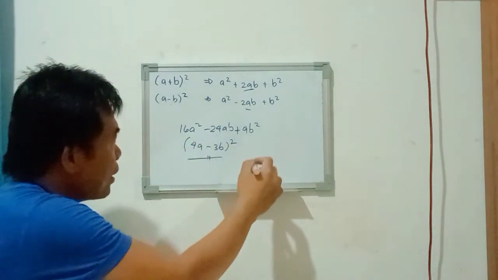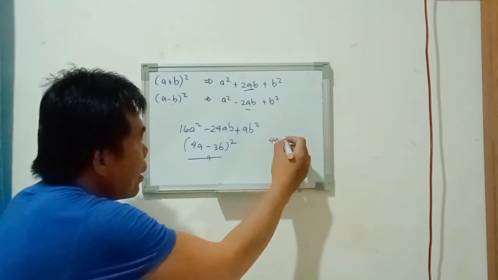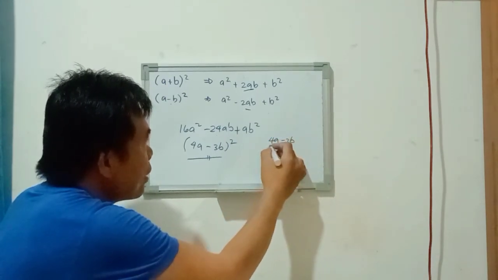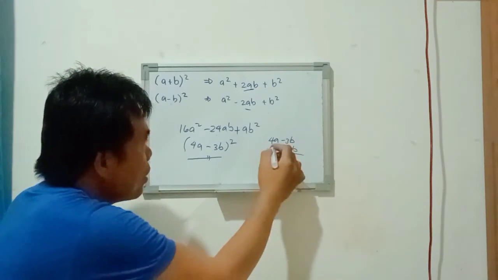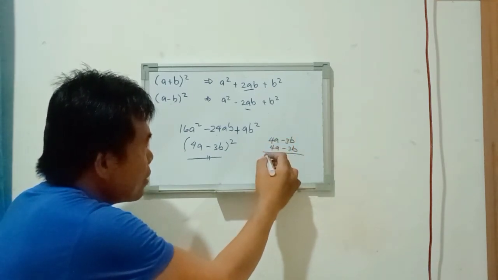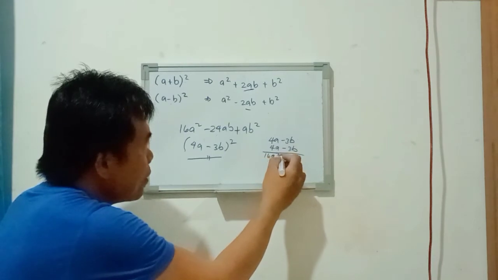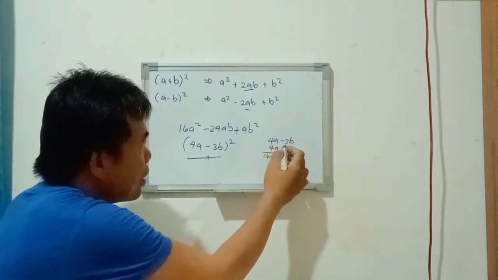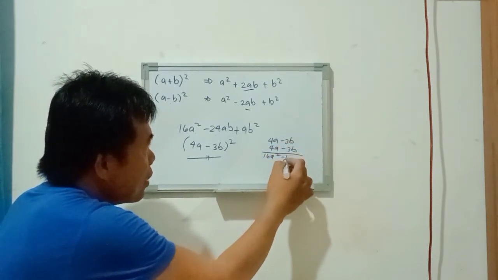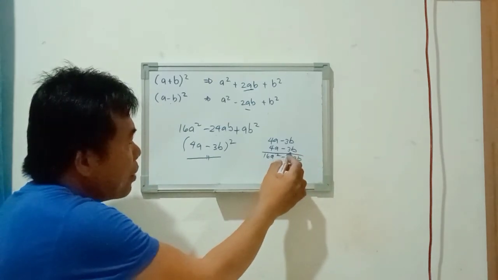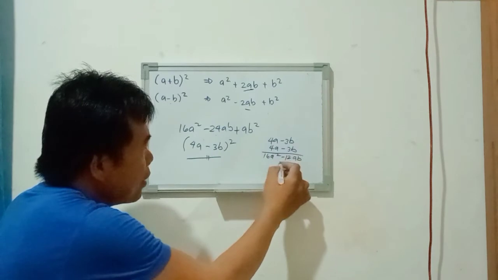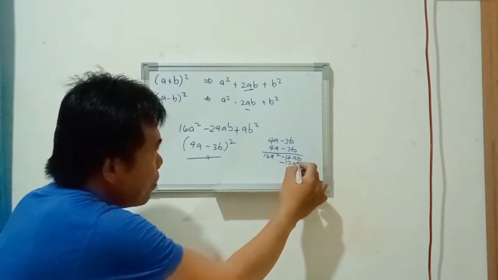So again, let's check. 4a minus 3b times 4a minus 3b. 4a times 4a is 16a squared. 4a times negative 3b is negative 12ab. Negative 3b times positive 4a is negative 12ab.